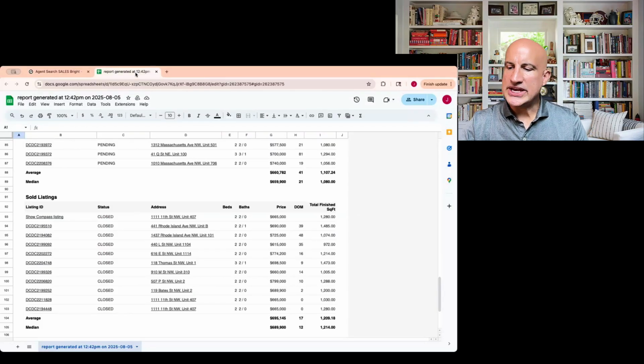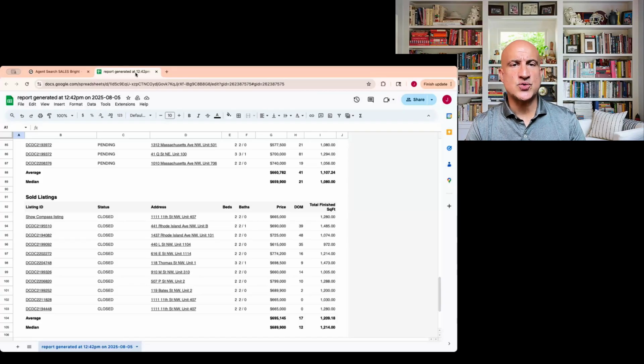So what we do is we take the under contract and sold and add those together. 16 plus 10, 26. So 26 have successfully gone under contract or sold. We take that 26 and divide it by the total 87. 26 divided by 87 gives us a success rate of 29.9%.